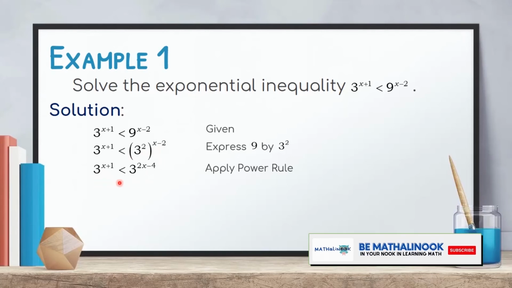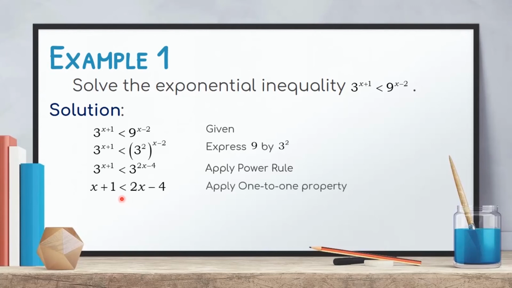Since we now have the same bases and the base is greater than 1, then it follows that the exponents will follow the same inequality symbol. So we're gonna have x plus 1 is less than 2x minus 4.